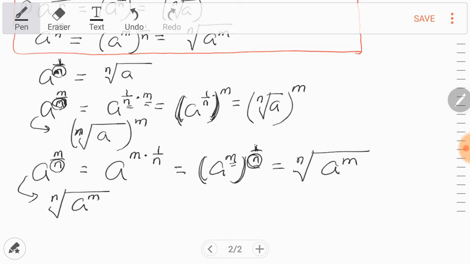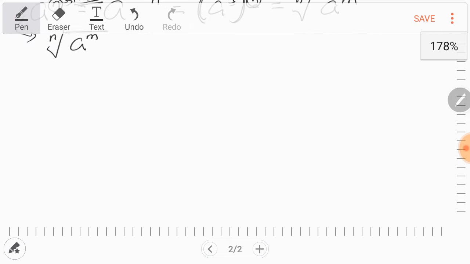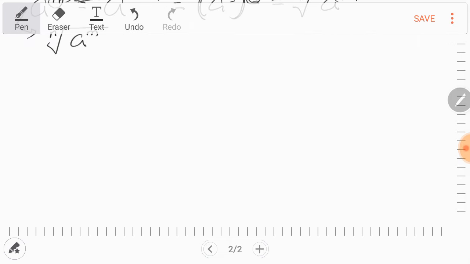Okay? Can you see it? So this moves to what? To the index. So for example, if we have something like 2 to the 3 over 4, then we can write it as the denominator becomes the index, and then 2 cubed.